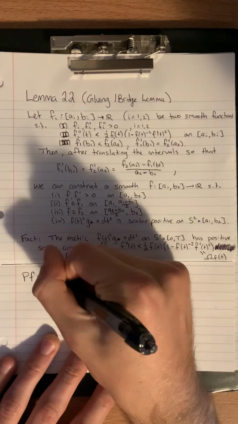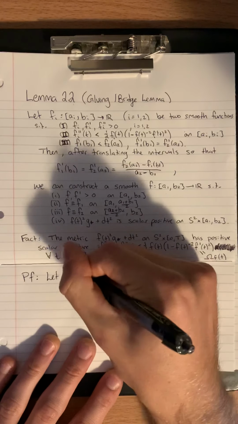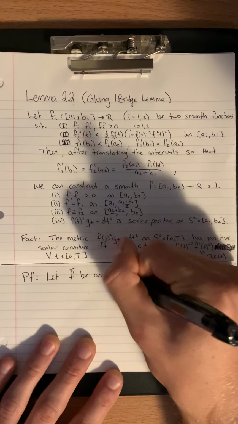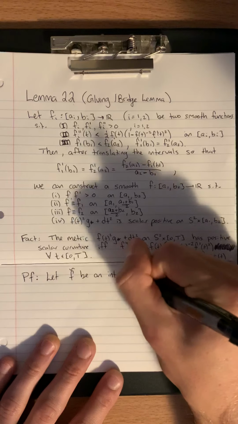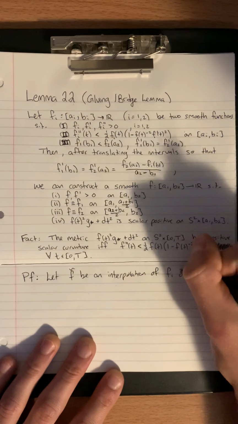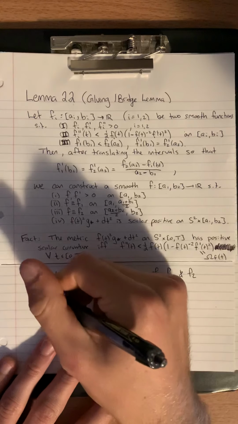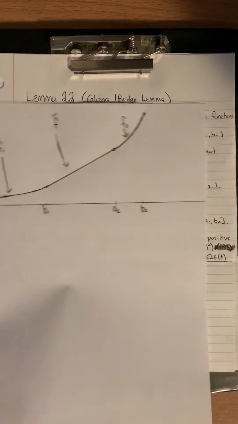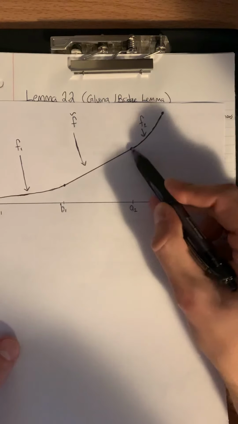As I mentioned before, we're going to let f tilde be an interpolation of F1 and F2. So in other words, in this drawing again, we're just going to interpolate between these 2 points.